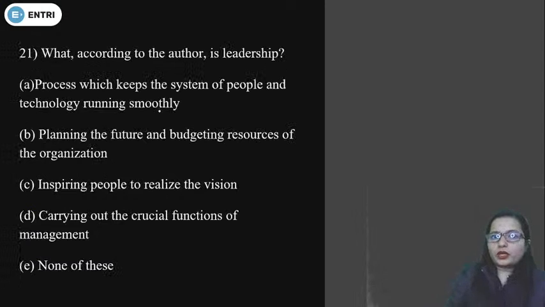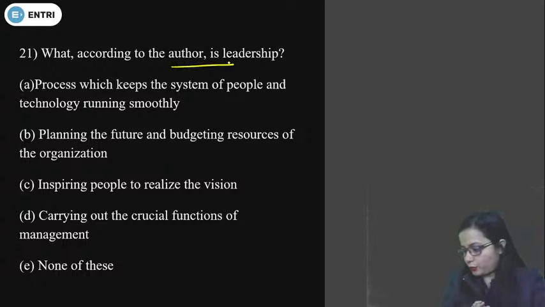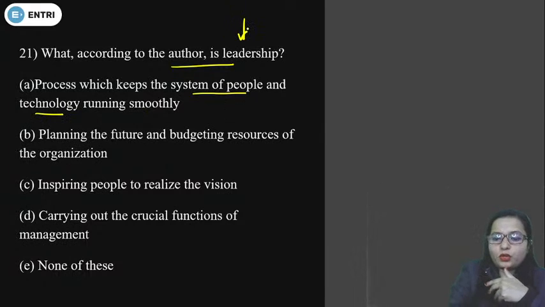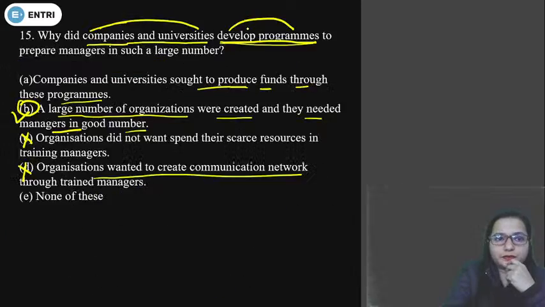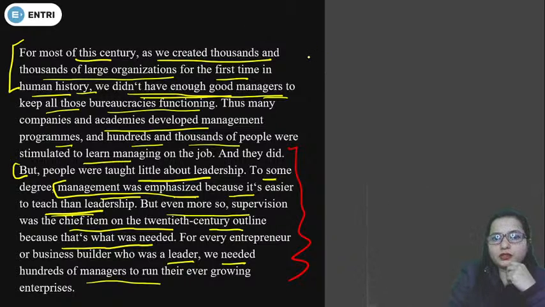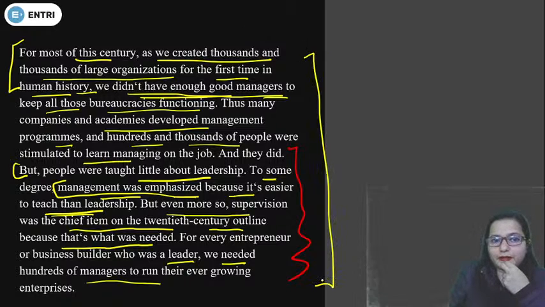21st question, what according to the author is leadership? What do you think? What is leadership according to the author and according to this passage? Process which keeps a system of people and technology running smoothly. Is this called leadership? No. We have read so many things about leadership here, that 100,000 people were stimulated to learn.